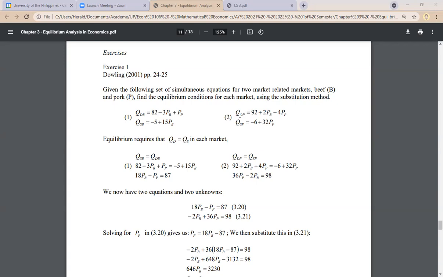But for this example, because these two goods are substitutes, they have a sort of indirect relationship: if the price of one goes up, the consumption of the other also goes up.